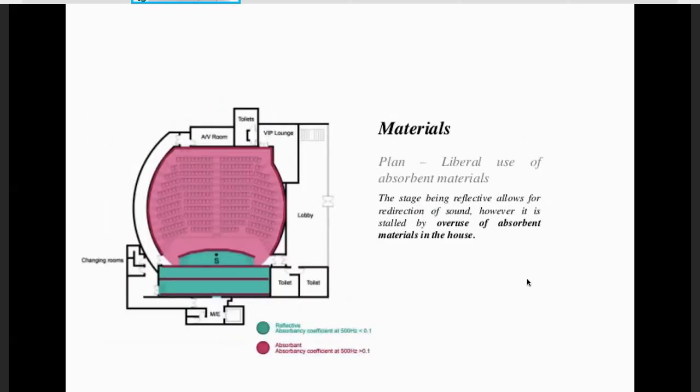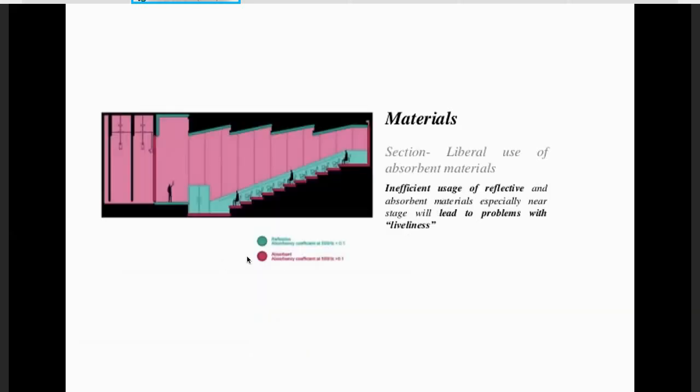In terms of plan, you look at this. Sometimes people use absorbent materials, especially carpets. The red color is carpets, and the seats themselves are made of soft cushions. So these are all absorbing materials, in pink. And when you look at the stage, it uses a very hard surface, to reflect sound.